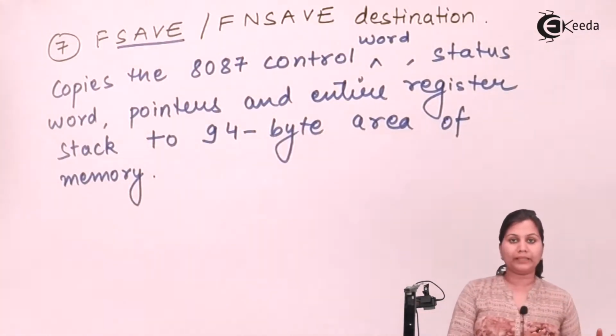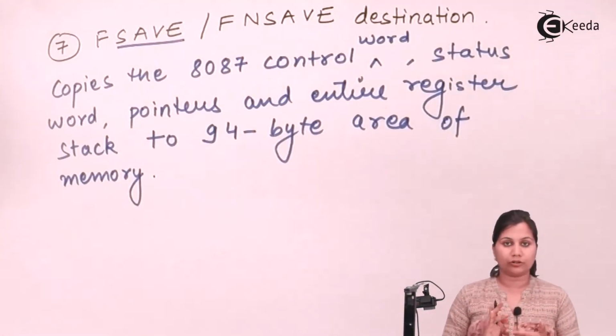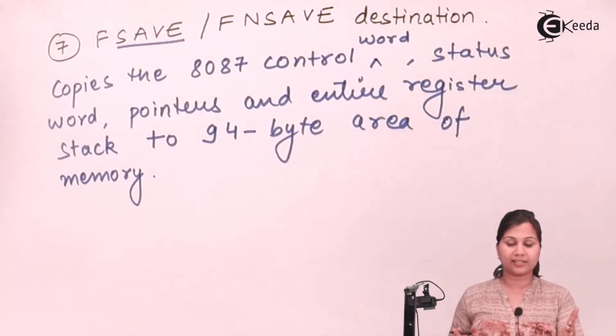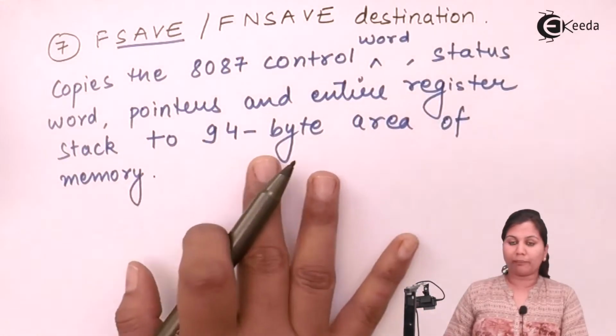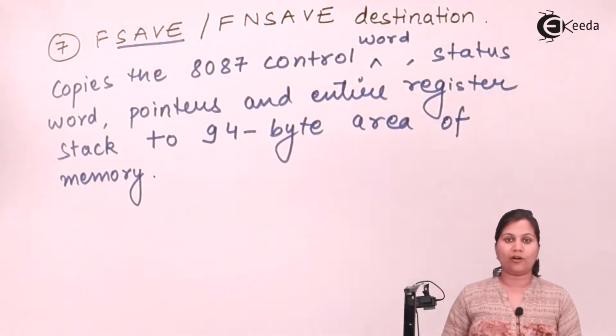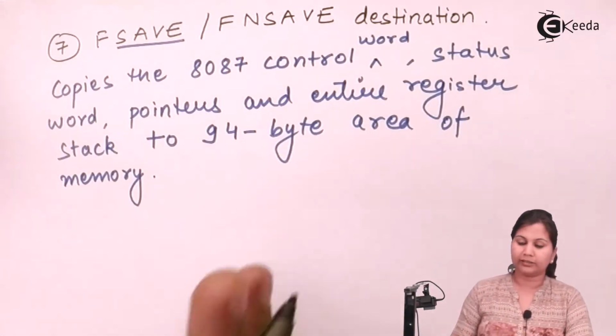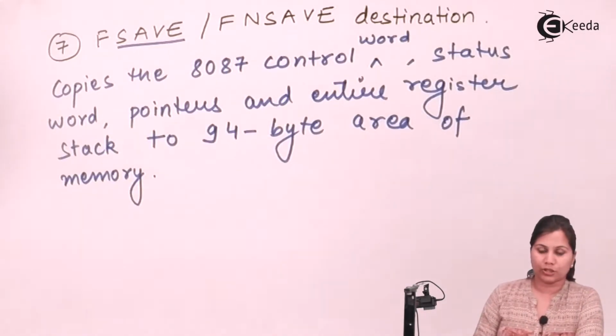That is, copy the 8087 control word, status word, all its pointers, its entire stack registers to the 94 byte area of memory. After the storage, that is, after copying all this data, the 8087 is initialized.